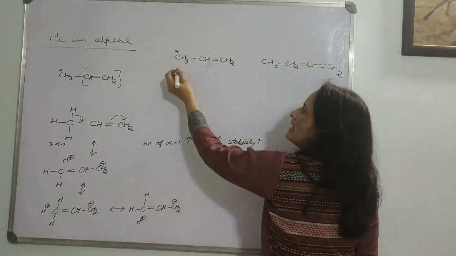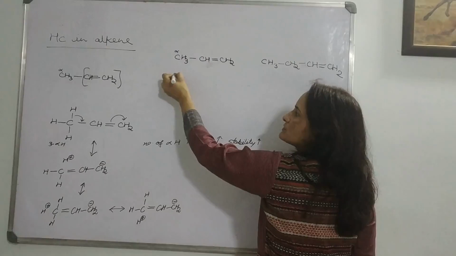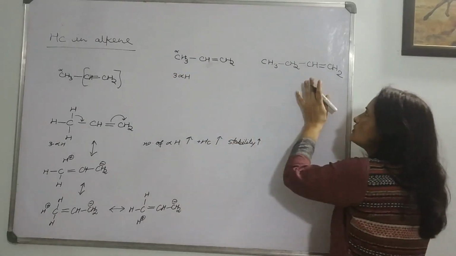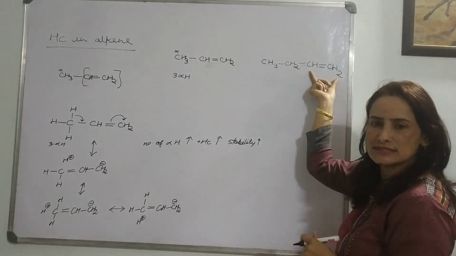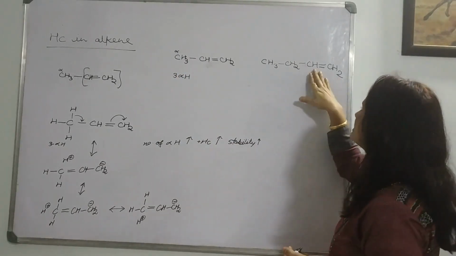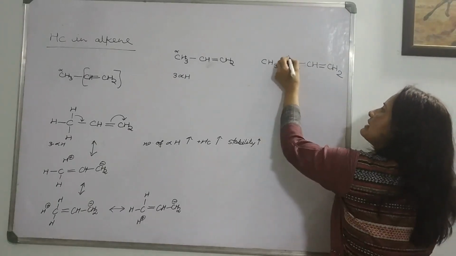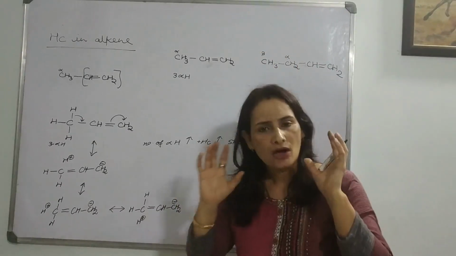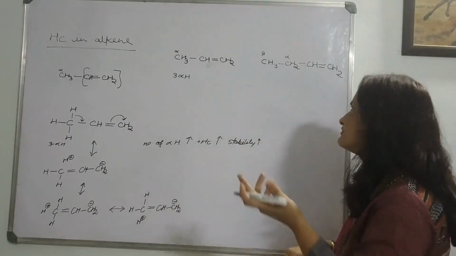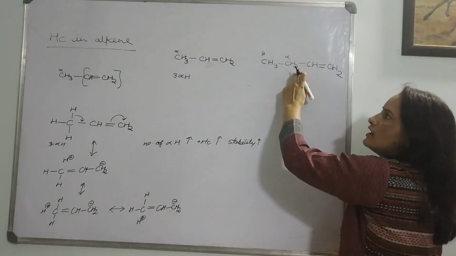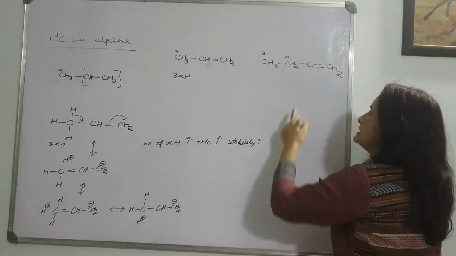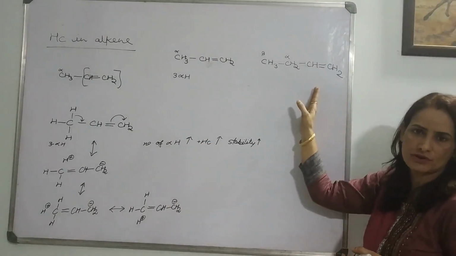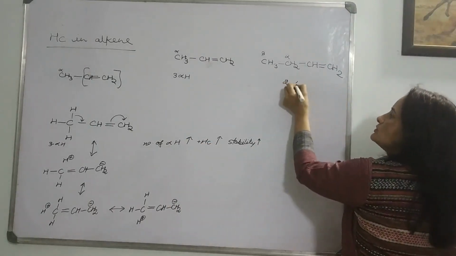How many alpha hydrogens are there? 3 alpha hydrogens, so there will be 3 hyperconjugative structures. Now count for this one. With respect to this alkene system, this is your alpha carbon and this will be considered beta. We want hydrogen on alpha. If beta has more, it doesn't matter. But how many does the alpha have here? 2 hydrogens. That means if I draw the structure in the same pattern, I can draw 2 structures for this. So there are 2 alpha hydrogens.